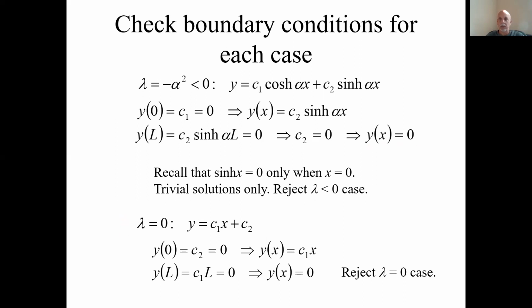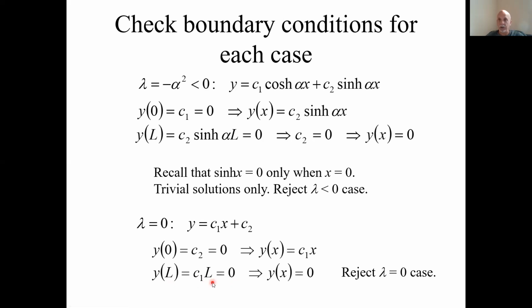Now about the other case where lambda exactly equals 0. Here was the general solution. Plug in 0 for x, we just get C2, and that has to equal 0. Which leaves us with this solution that satisfies that boundary condition. You put in now L for x, it's C1 times L equals 0.